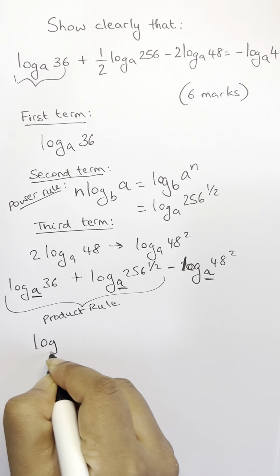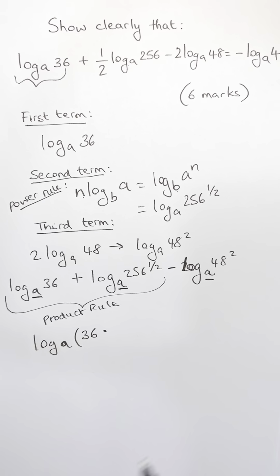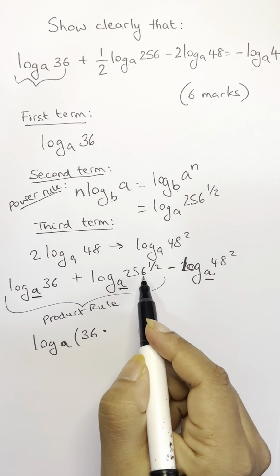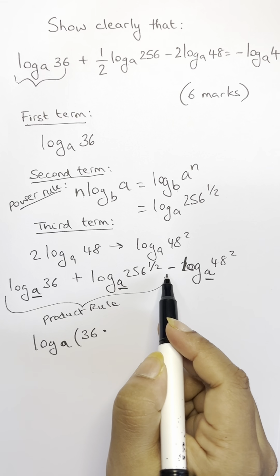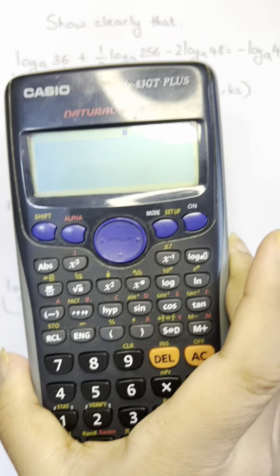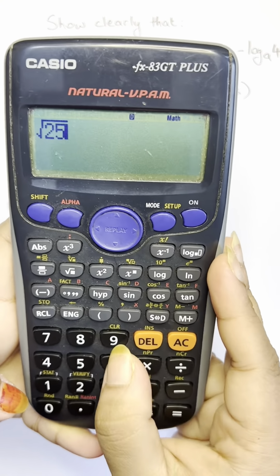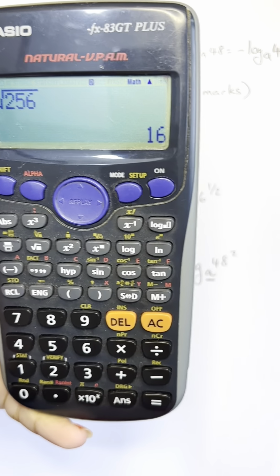So group them up: log base a of 36 times 256 to the power of a half. It's actually the square root of 256. So use your calculator. The square root of 256 is 16.